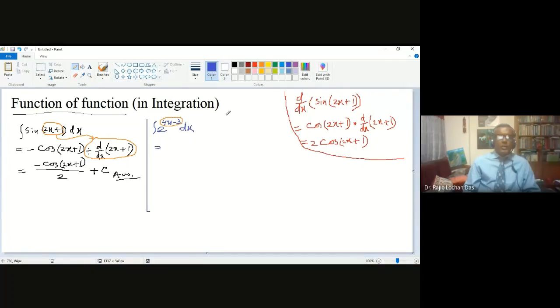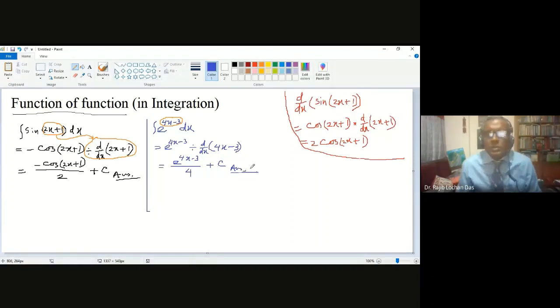Then you can apply the integration formula, e to the power 4x minus 3, the same thing will come, and then you divide by the differentiation of 4x minus 3. So the final answer will be e to the power 4x minus 3 divided by just 4. Now you put one constant so that your answer is complete. Is that okay? You understand what I say?